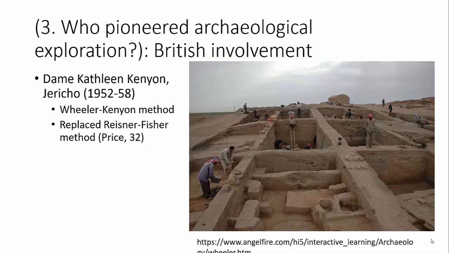And if there is architecture on, say, the third level down, and you keep going to the fourth or the fifth level further down, you're going to be dismantling the architecture. So it's not retained, but the remnants of it would be retained in the artificial walls. They're called balks, spelled either B-A-L-K or B-A-U-L-K. So that is characteristic of the Wheeler-Kenyon method. Dame Kathleen Kenyon, a Brit, operating especially in Jericho.